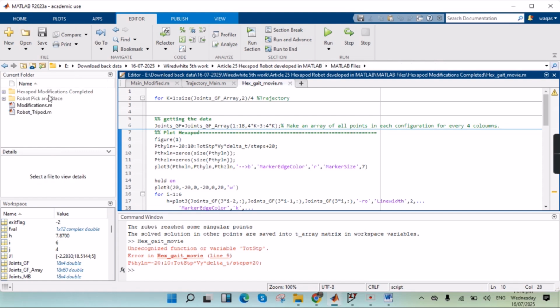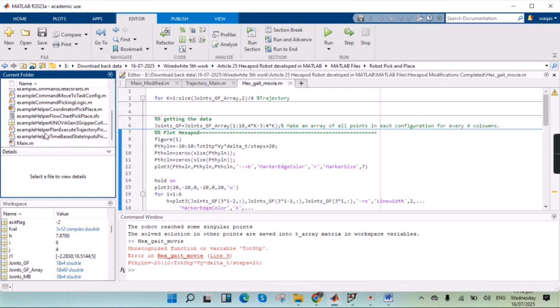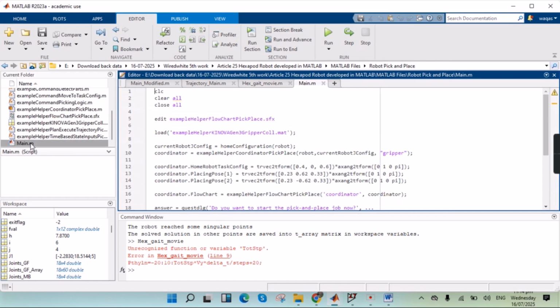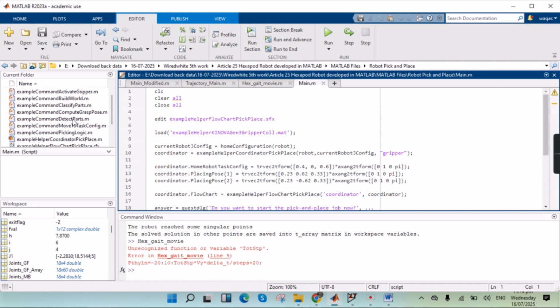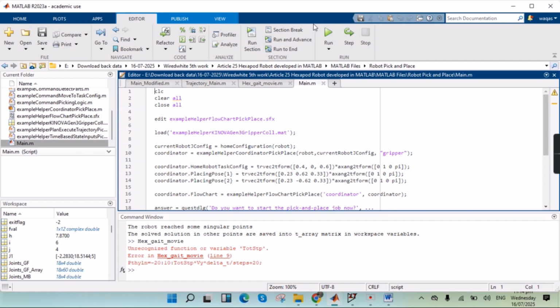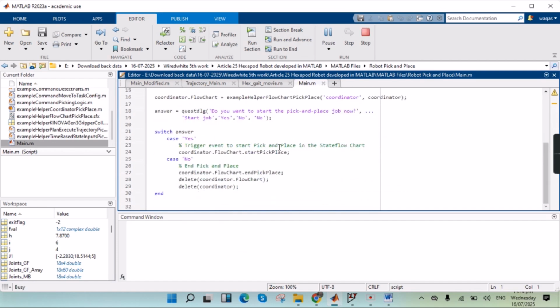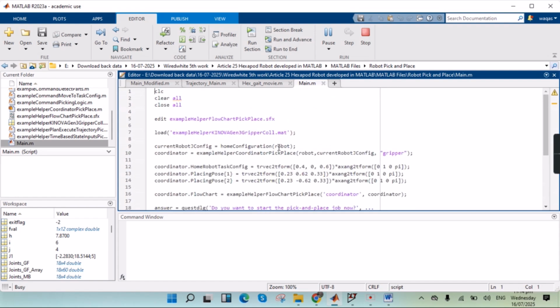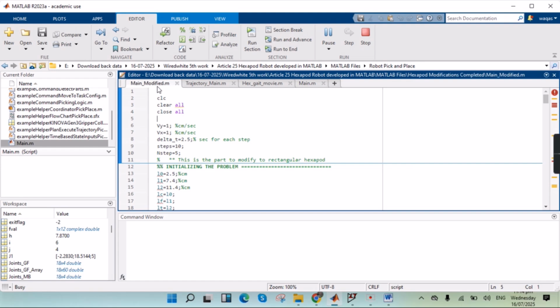MATLAB files we can place, yes, this one. The main code is the main modified code, the modified code in which we have added everything.